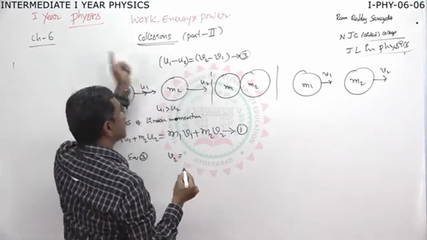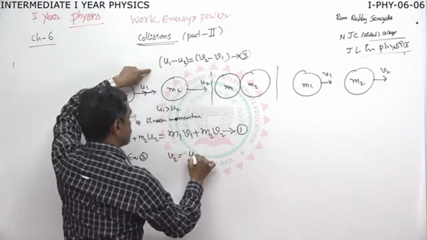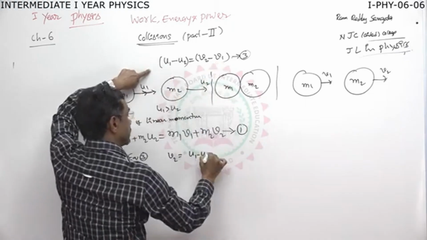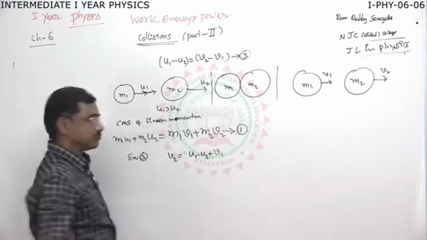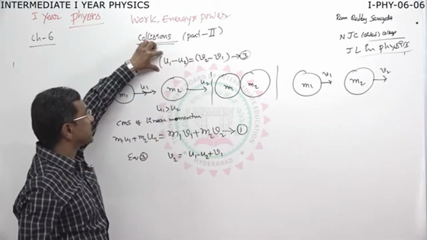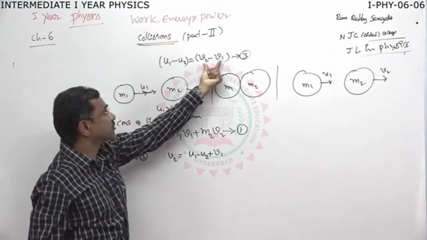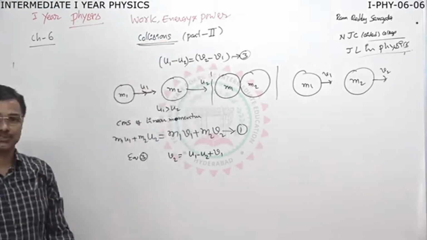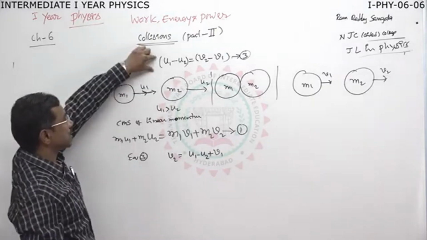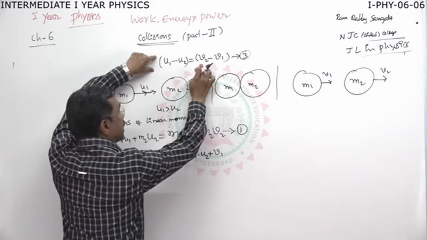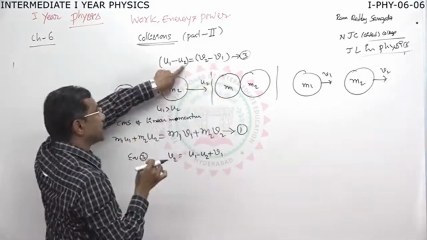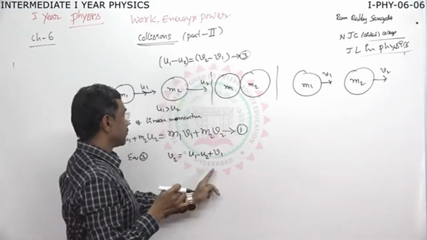I'm bringing this side: it is equal to U1 minus U2, and the minus V1 will become plus V1. Just notice, dear students, equation 3, relative velocity of approach is equal to relative velocity of separation, we already derived in the previous class. In continuation, from equation 3 we have the equation for V2: V2 is U1 minus U2 plus V1.